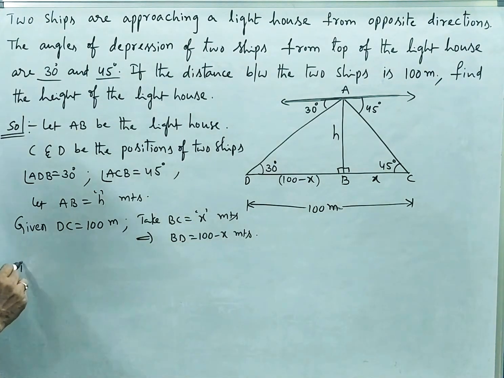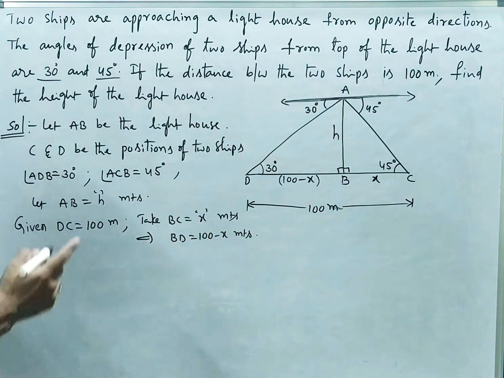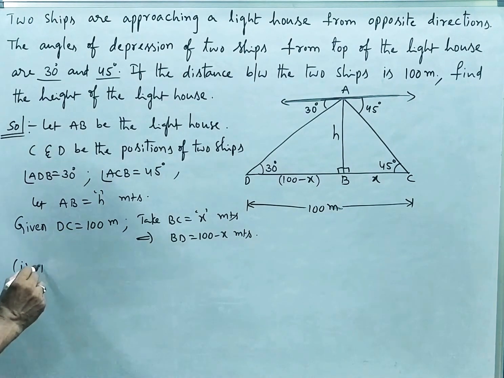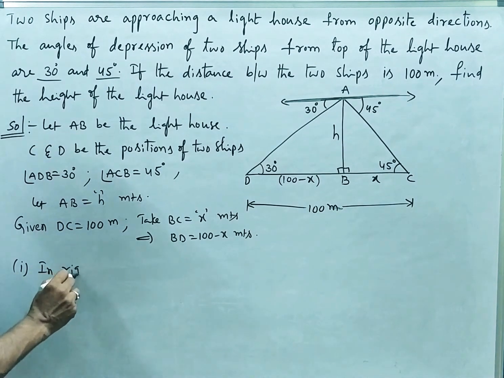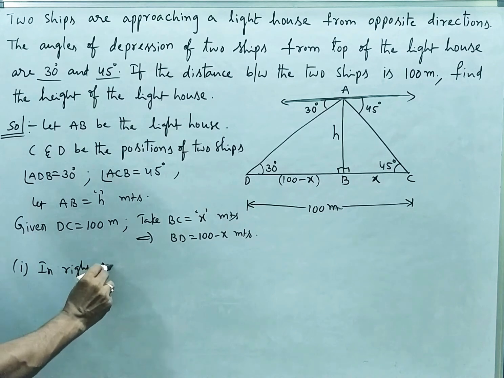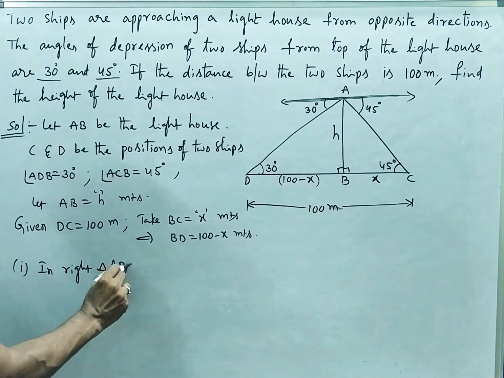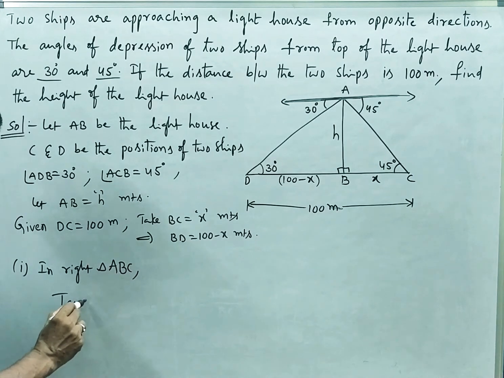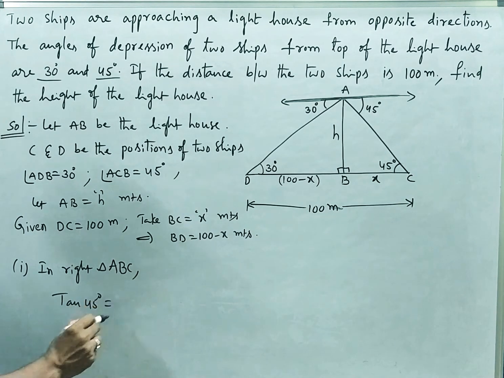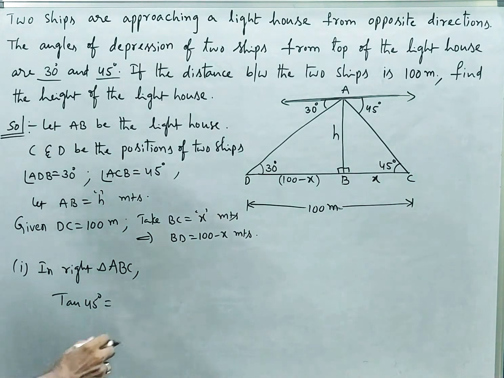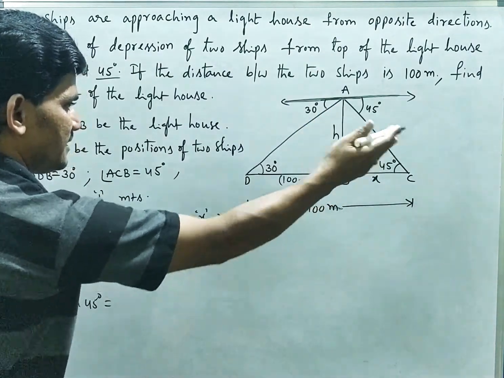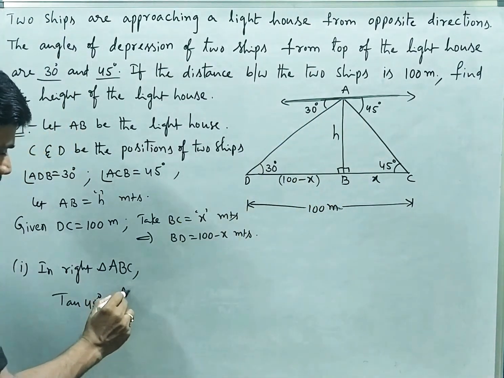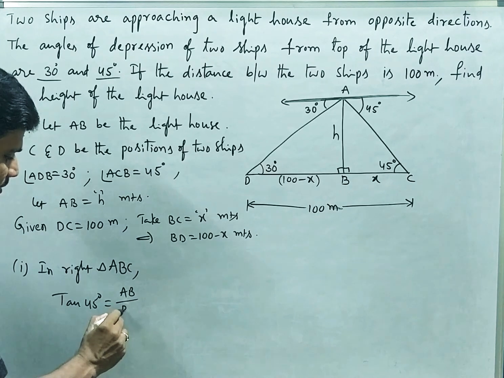Let us take the triangle ABC. In right triangle ABC, tan 45 is equal to the opposite side to 45, AB, over the adjacent, BC.